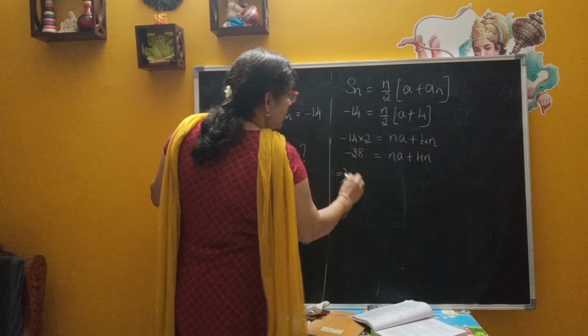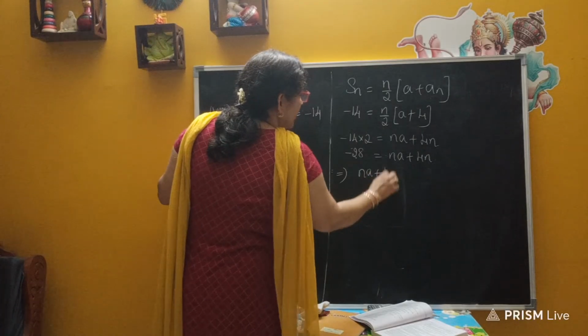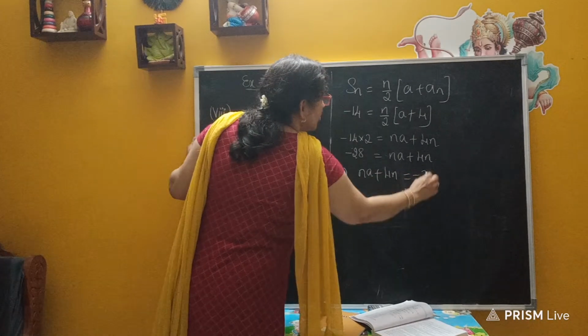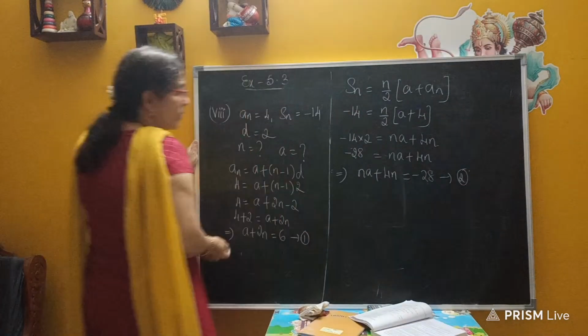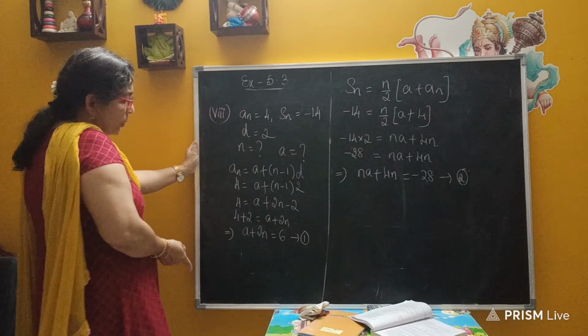Just let me interchange: na plus 4n is equal to minus 28. This is equation 2.